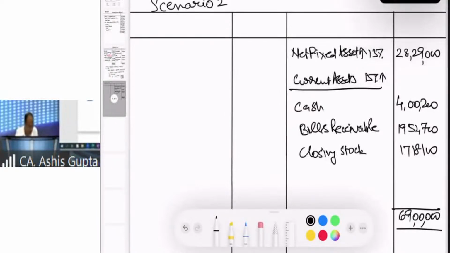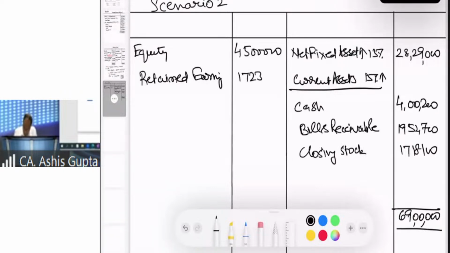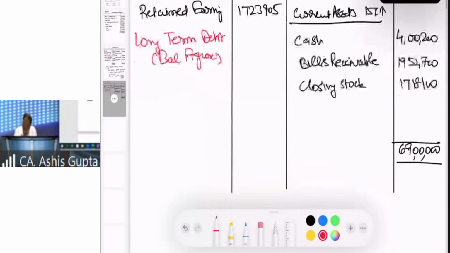Again, we do like that. Equity. Retained earning. Okay. Now long term debt. Again, balancing figure that you will tell to me.